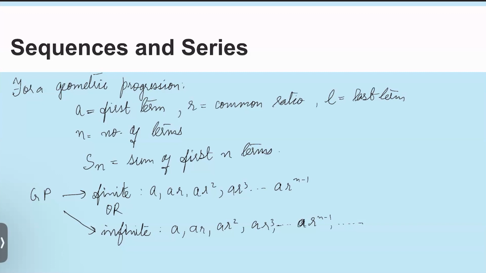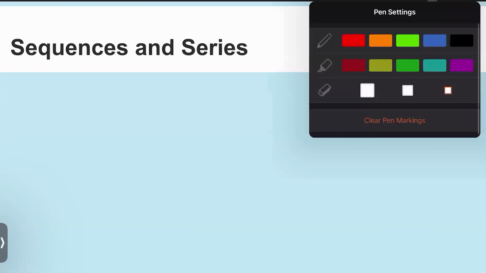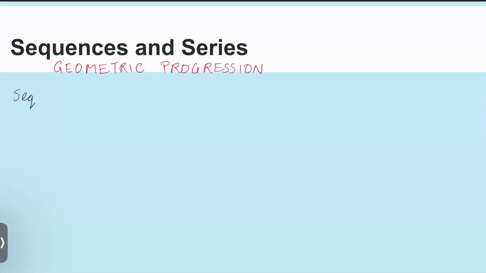Okay, let's quickly summarize all the formulas that we have for geometric progression. So for your geometric progression, your sequence would be a, ar, ar squared, up to ar n minus 1.